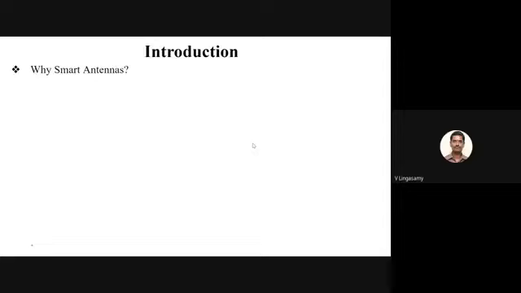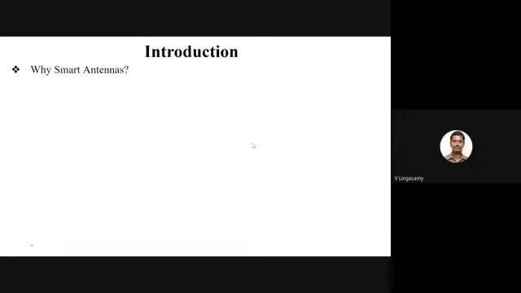For example, take a radar system or a telecom system itself. You have an omnidirectional antenna which transmits equally in all directions, but it's not necessary that all the users are in all 360 degrees.